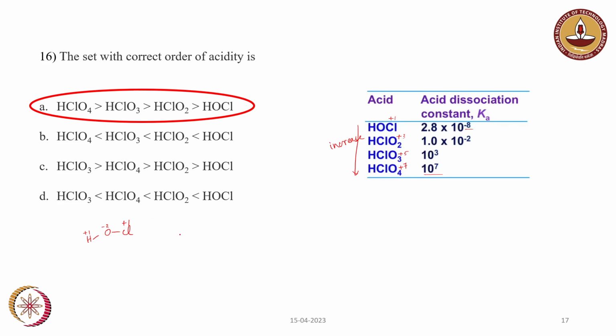And the next one is HClO2. The structure will be Cl-O-H and the bond O and 2 lone pairs will be present, and the oxidation state will be +3 because this one is -2, -2 and +1.